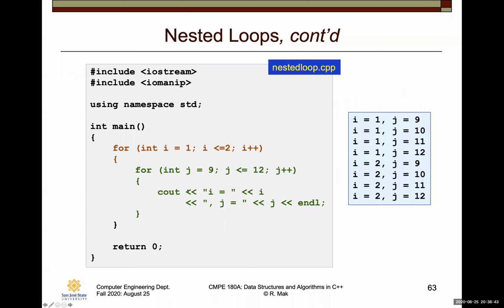Here, we're writing out the values of i and j, and you can see that when i is equal to 1, j gets the value 9, 10, 11, 12, and then when i gets the value 2, which is the last value it is going to be allowed to have, j goes through its full cycle again, 9, 10, 11, 12, and then, of course, the red loop breaks out when i becomes 3.